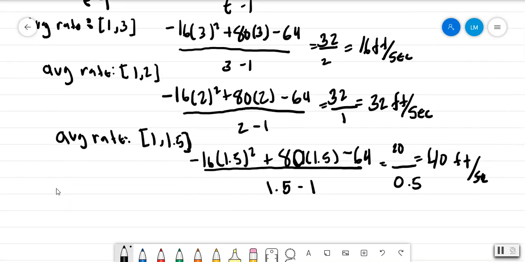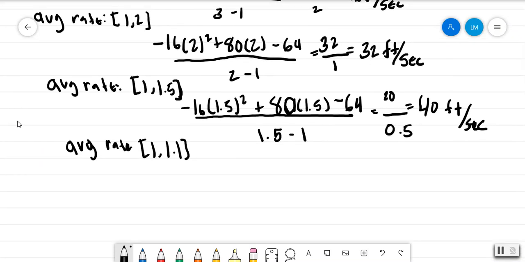Okay, so we have one more. Might as well complete it, and then we can look at it in another manner. So we have that the average rate is 1 to 1.1. Now, one way that we can look at this is that the average rate seems to be increasing slightly as we get closer to 1.